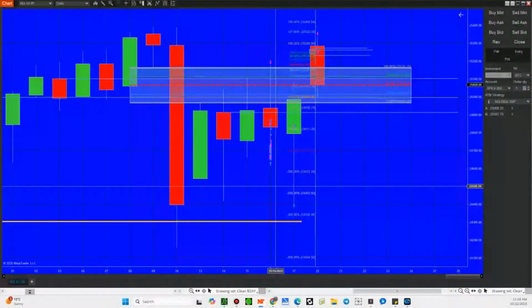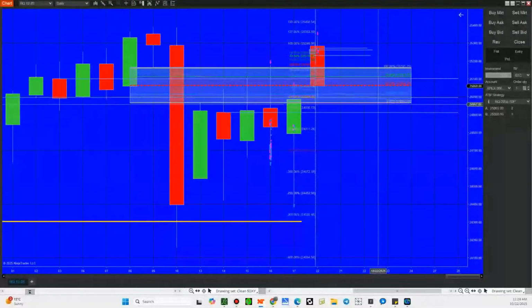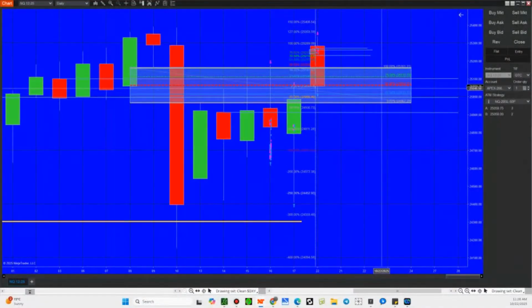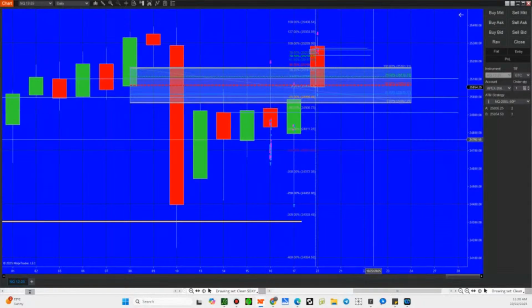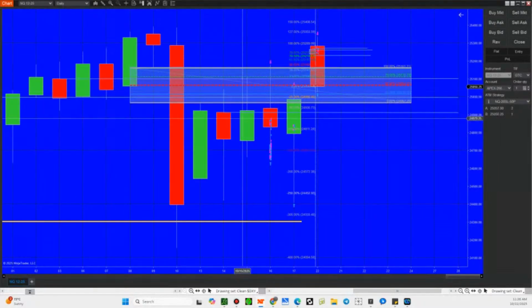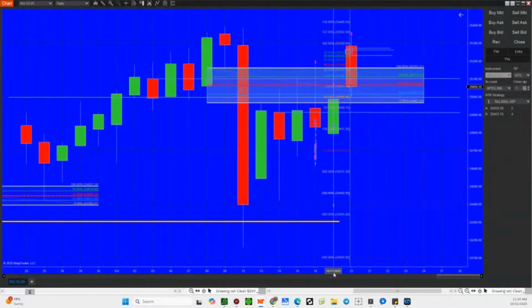So this is how we are in the daily. It's still bouncing into that area. Yeah, it's very undecisive on what it's trying to do. Let me make this a little bit bold so we can see.